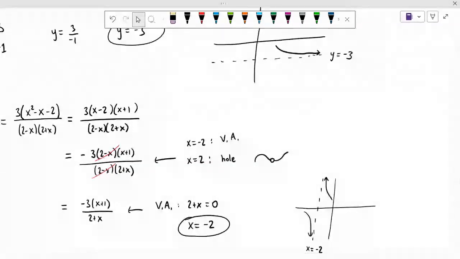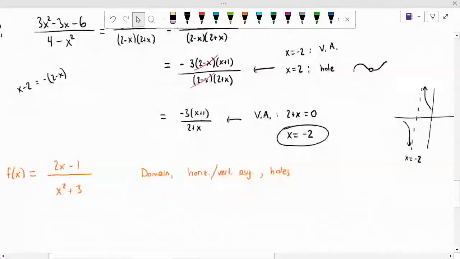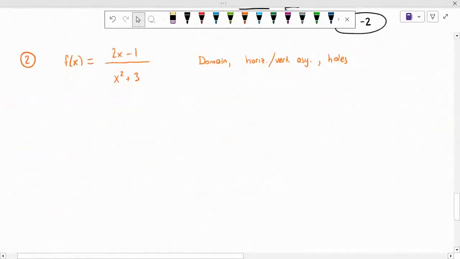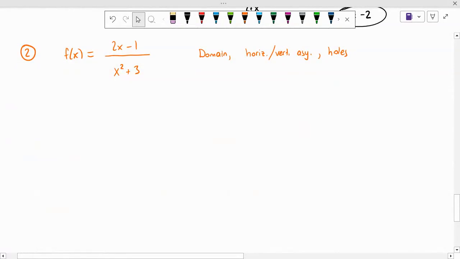I have some other examples. I guess this one's not super complicated. Let's look at this one as well. We're going to do the same thing: find the domain, then the horizontal and vertical asymptotes, and then any holes that I may have.